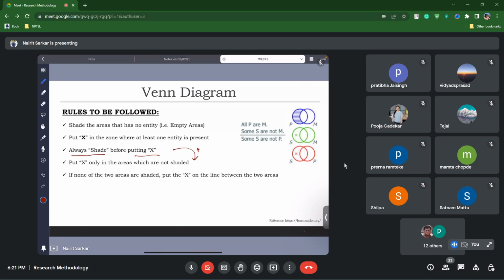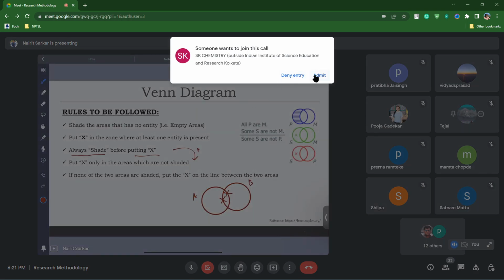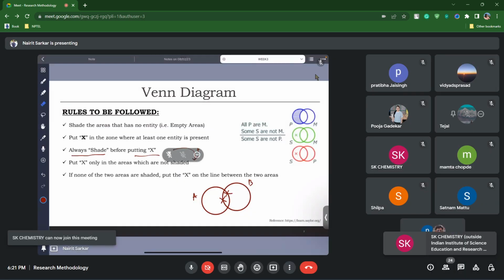If you have two circles, A and B, and no area is shaded, and you have to put an X, always put it on the line in between the areas, like here or maybe here. So these are the simple rules for the Venn diagram.